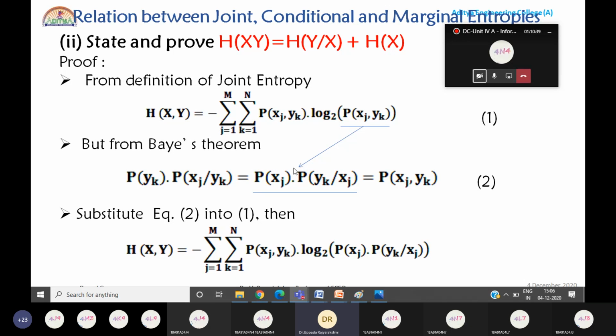Then what will we do? We'll have the same minus summation j is equal to 1 to m, summation k is equal to 1 to n, P of xj comma yk, and what comes in the log? If you substitute equation 2 in equation 1, log P of xj into P of yk by xj base 2.